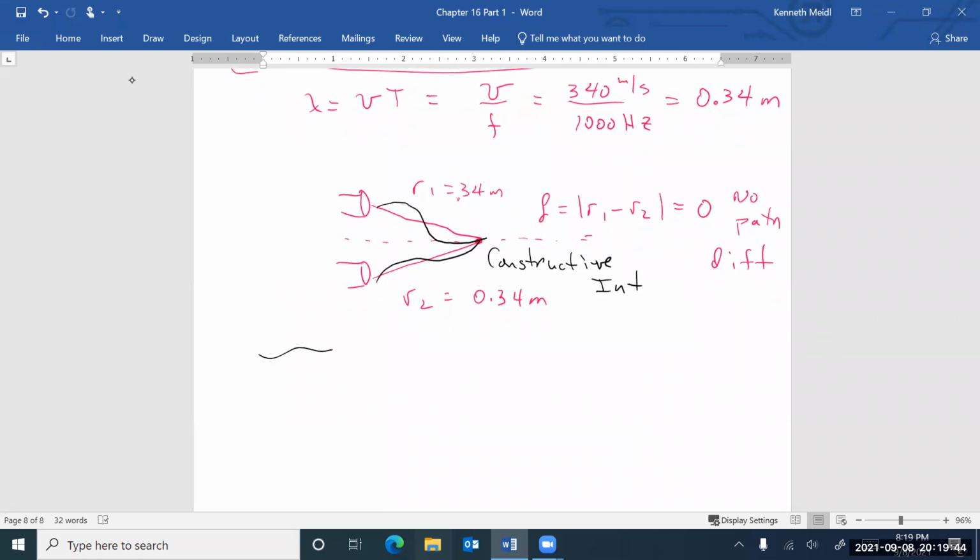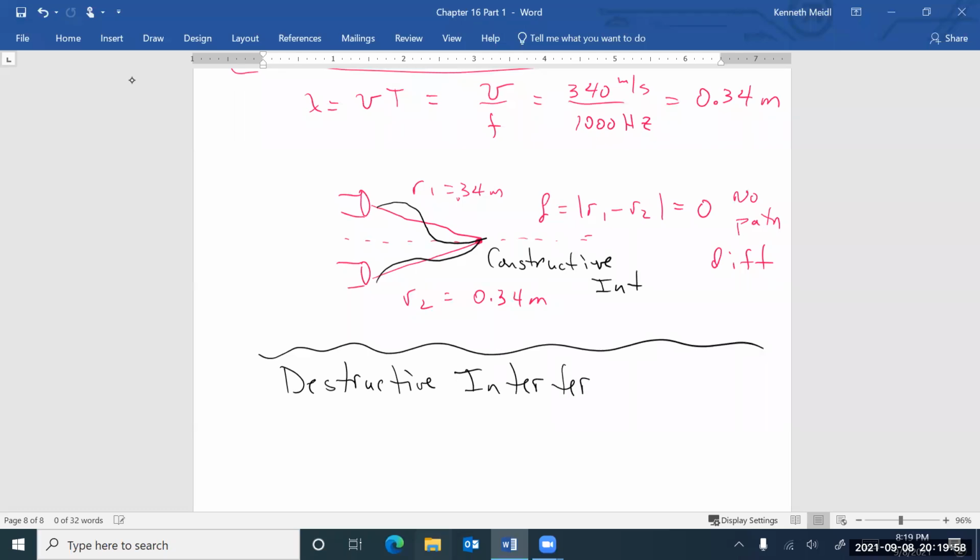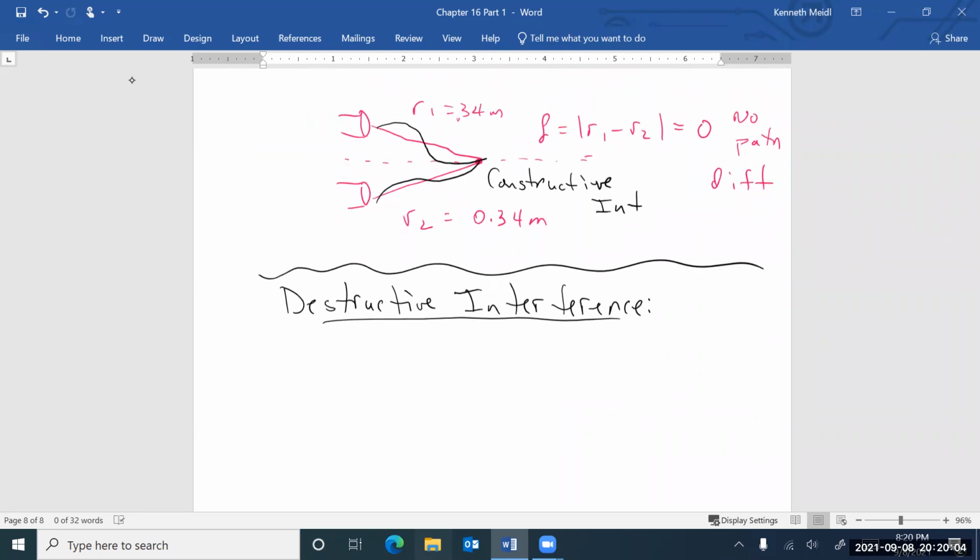What could you do kind of simply here to create destructive interference? Well, let me see here. If I want a spot of destructive interference, what I might simply do is leave one speaker alone here.